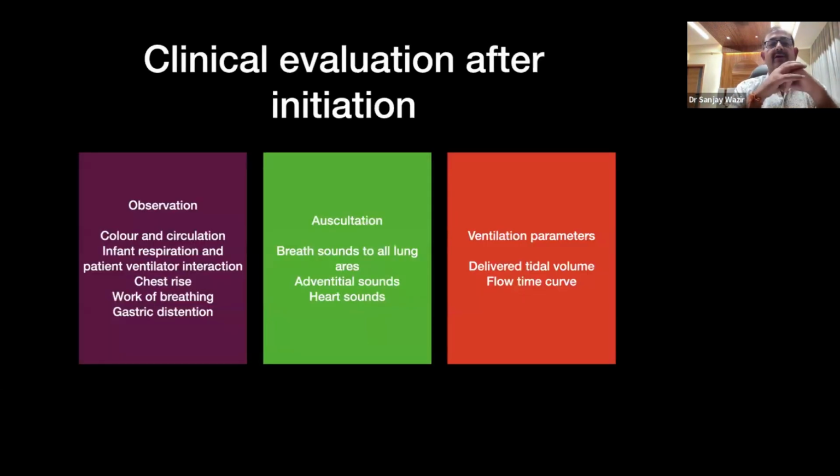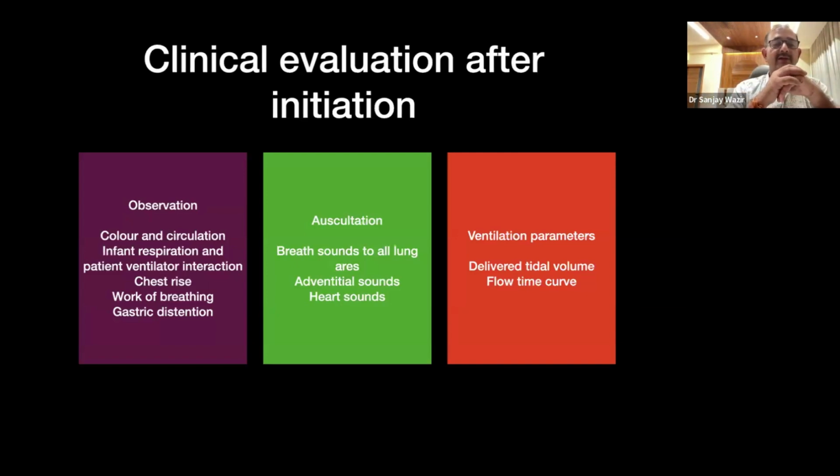So after this brief, whatever mode you use, once you put the baby onto a ventilator, you must remember to check 3 things. First, observe the baby: look at the color and circulation. If your child is becoming pale or looking blue, or the oxygenation is not being achieved, then something is not going right with the baby or the ventilator.